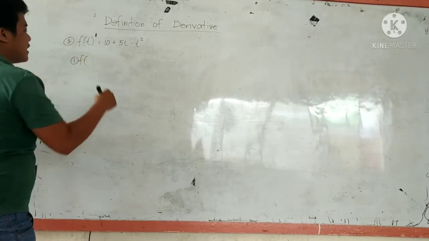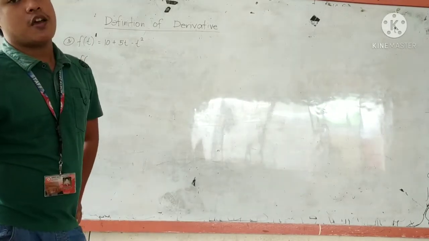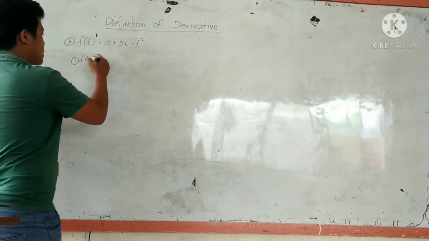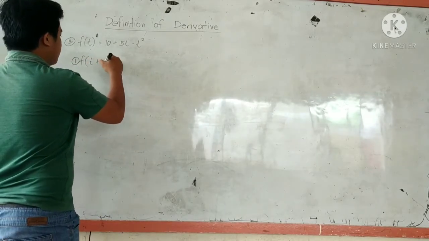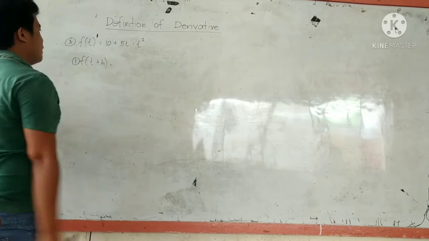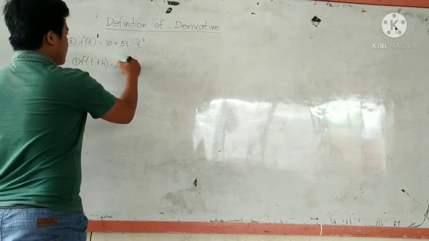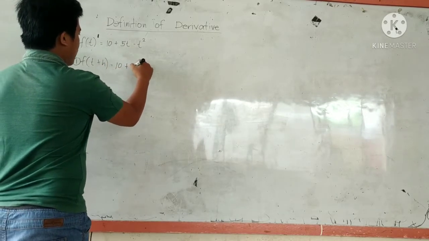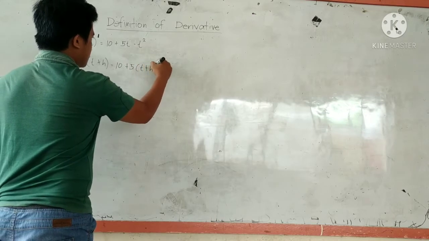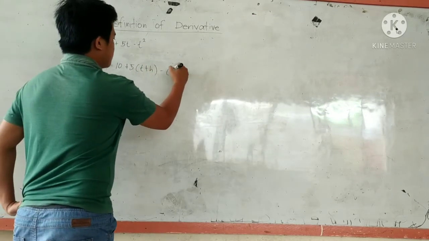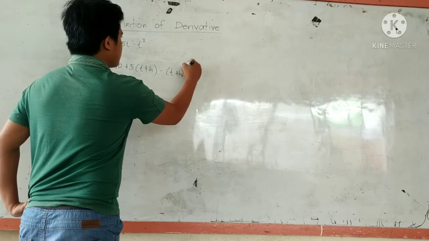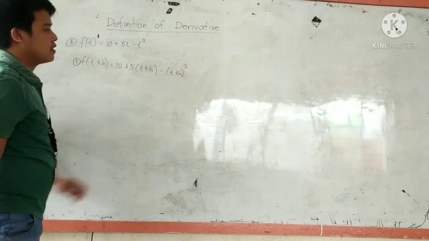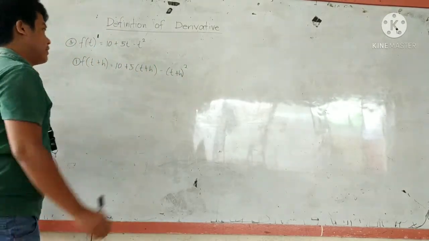We're going to evaluate f of t plus h, but instead of x, we're going to use t. So it would be 10 plus 5 times t plus h, minus t plus h squared, because we have t squared here.